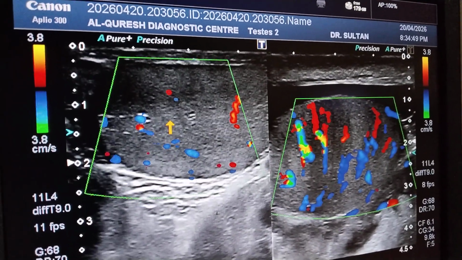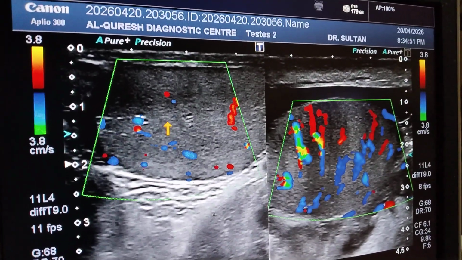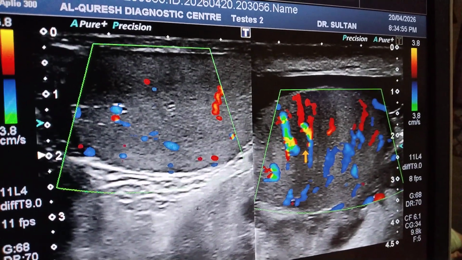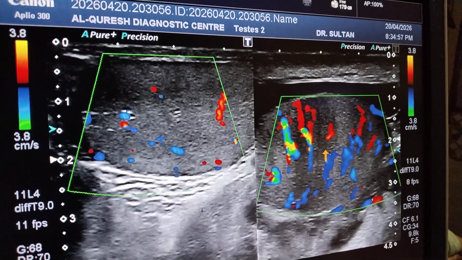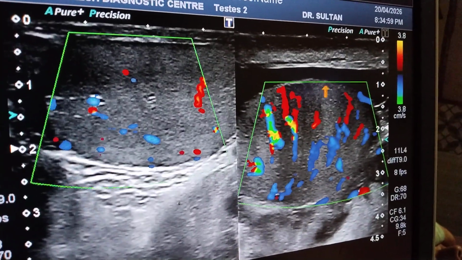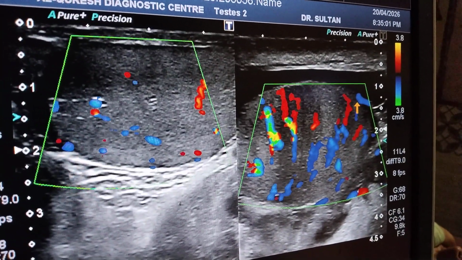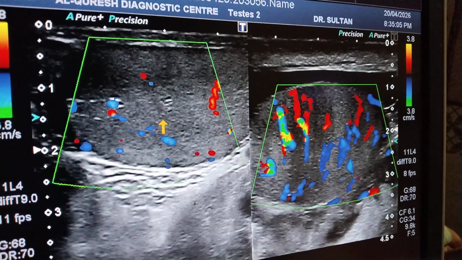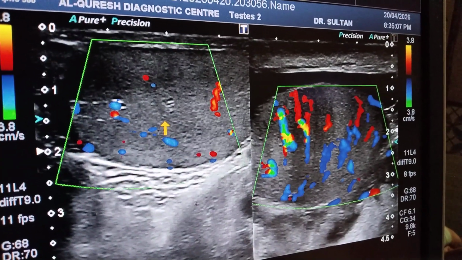Now this is the right testis, which is normal. Look at the vascularity. And this is the abnormal left testis. Look at the vascularity. Here the vascularity is greatly increased, while it is normal in the right testis.